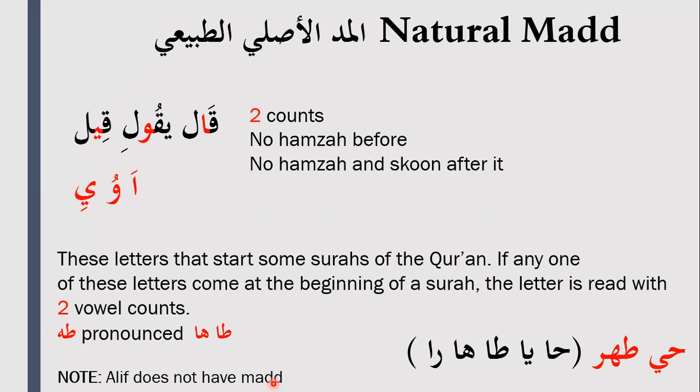But because we don't have that, we don't really elongate letters. We don't have a lengthening of vowels. In Arabic, it's slightly different. So the spelling of the actual letter needs to be taken into consideration when you are giving the letter its natural mad. Again, it only appears at the beginning of the surah. You will not find this rule in the middle or the end.